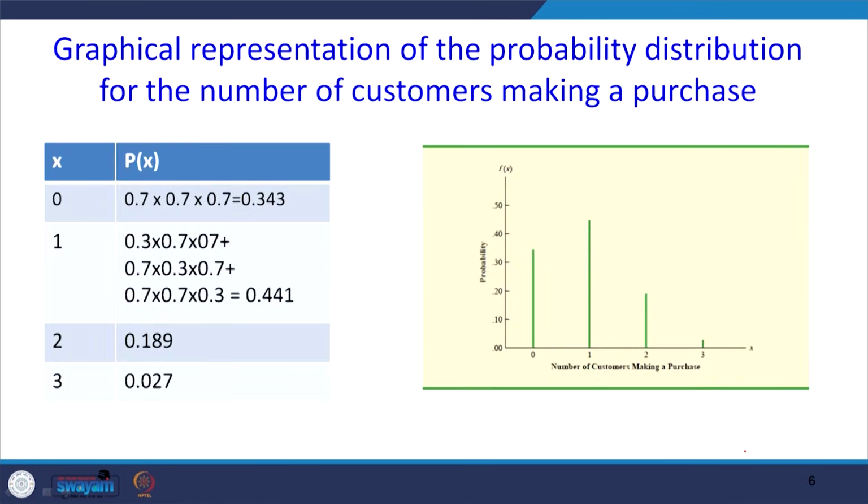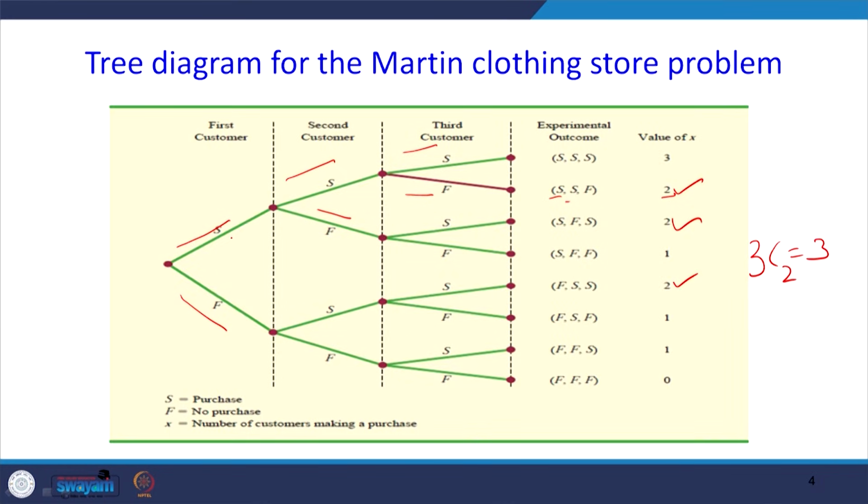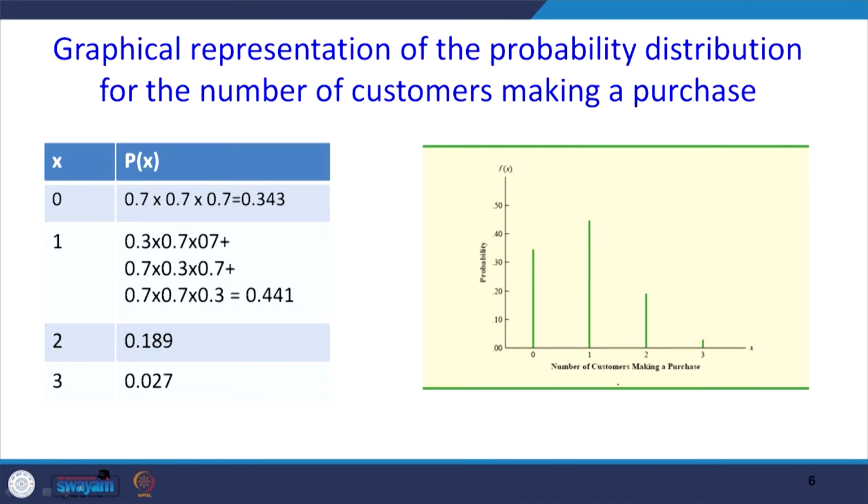If I plot this one, see the x possibilities. When x equal to 0, that means what is the chance that all 3 customers will not buy? That is this case, 0.7, 0.7, 0.7. If I say x equal to 1, what is the probability that 1 customer will buy?